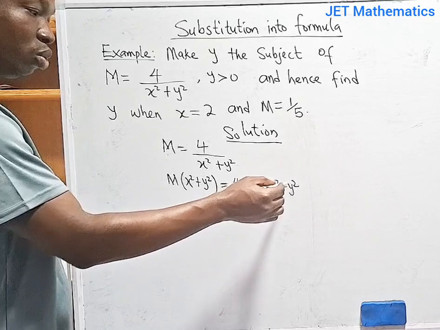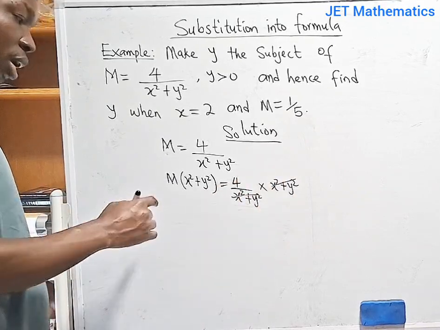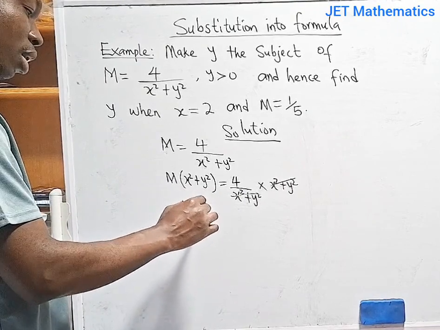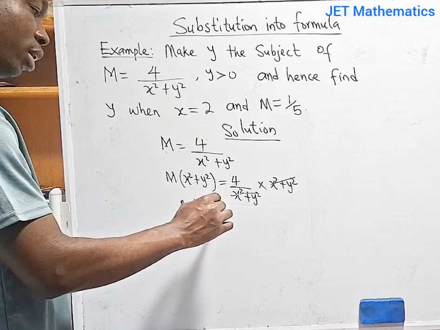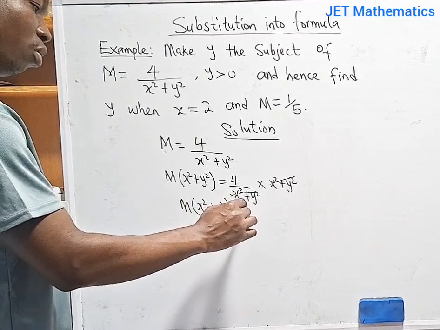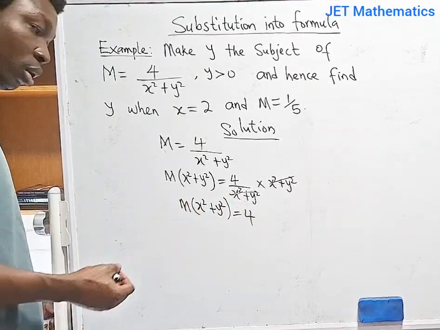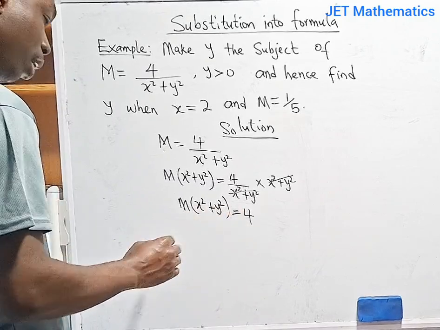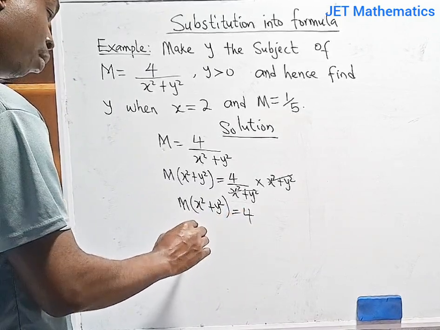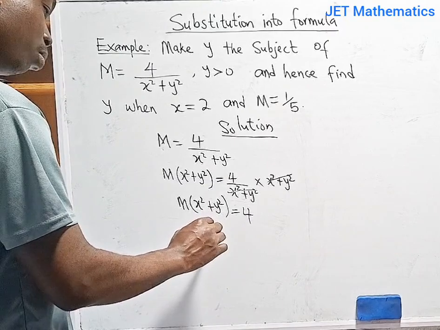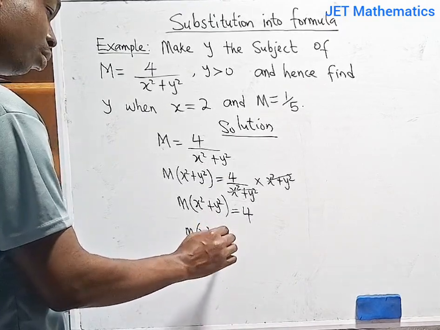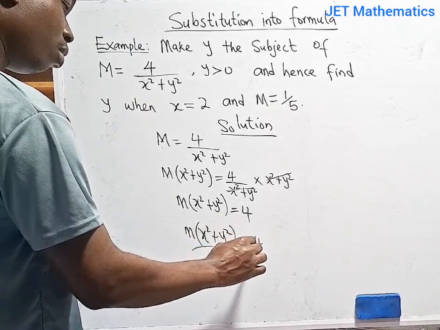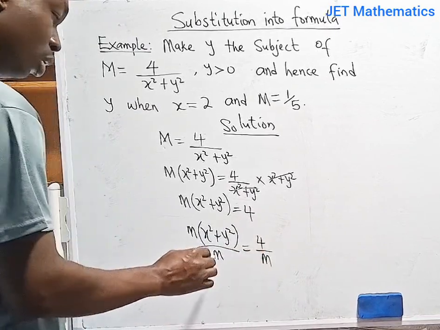So this now goes with this, they cancel, and then we have m times s squared plus y squared is equal to 4. Okay, so at this point we can divide both sides by m, so that we have m bracket s squared plus y squared over m is equals to 4 over m.